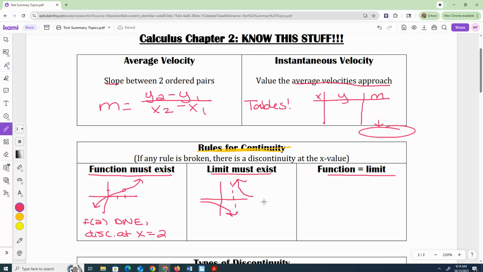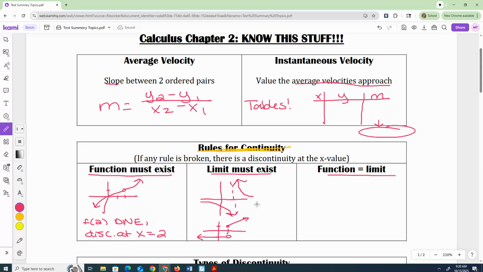Another situation might be if I gave you one, and maybe you have a piecewise function, it's got a break in our graph right there. Okay, in the second one I drew, does the function exist when x is 1?